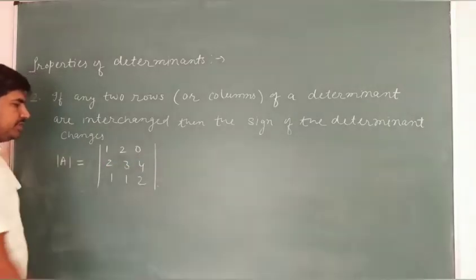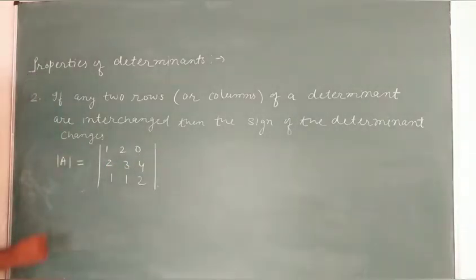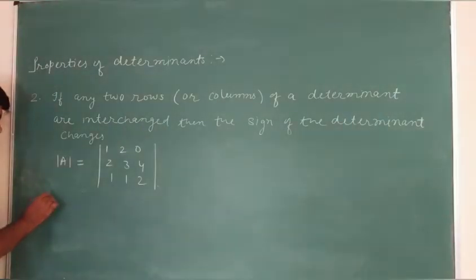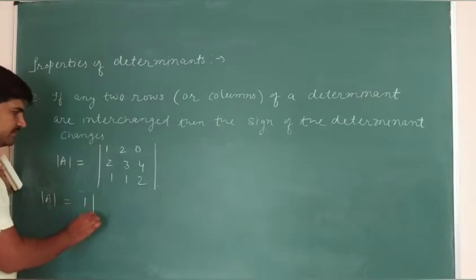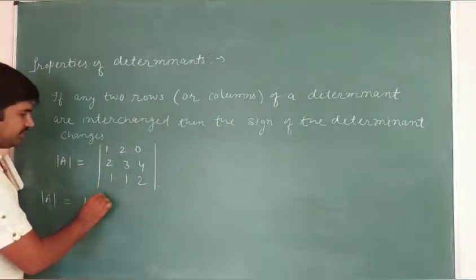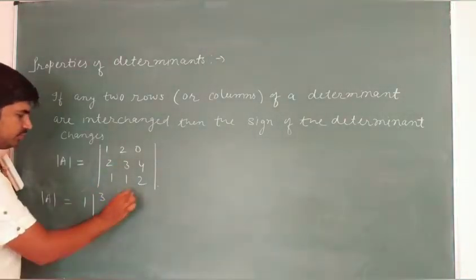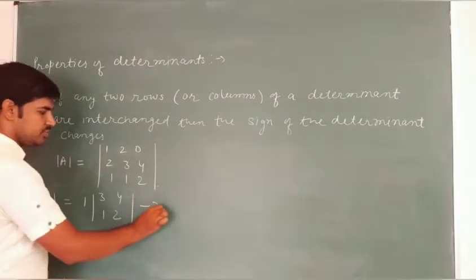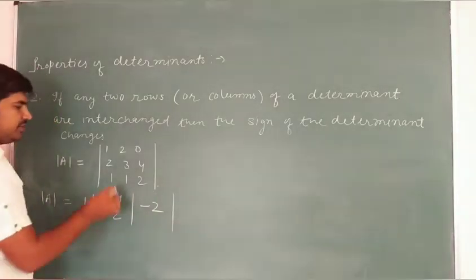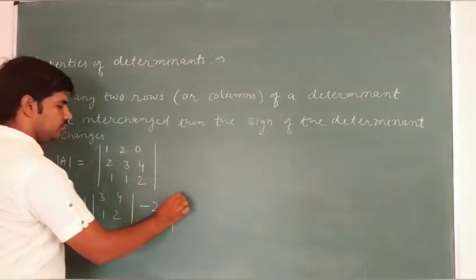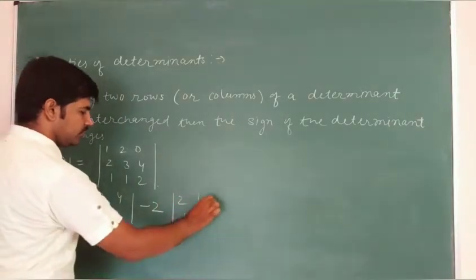If I find its value, then determinant of A is equal to 1 times the determinant 3, 4, 1, 2, minus 2 times the determinant 2, 4, 1, 2.